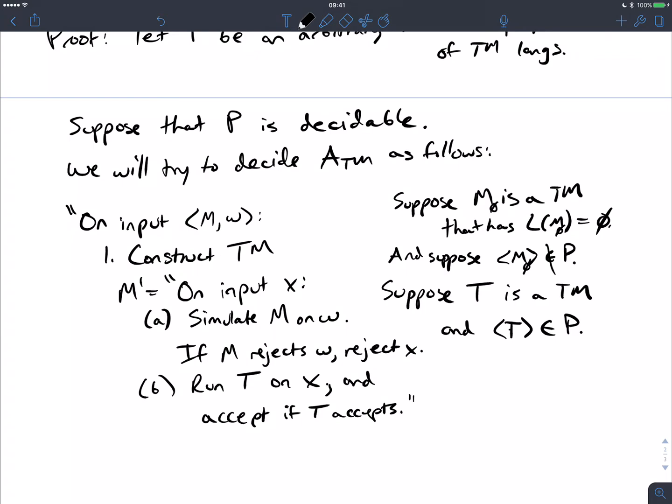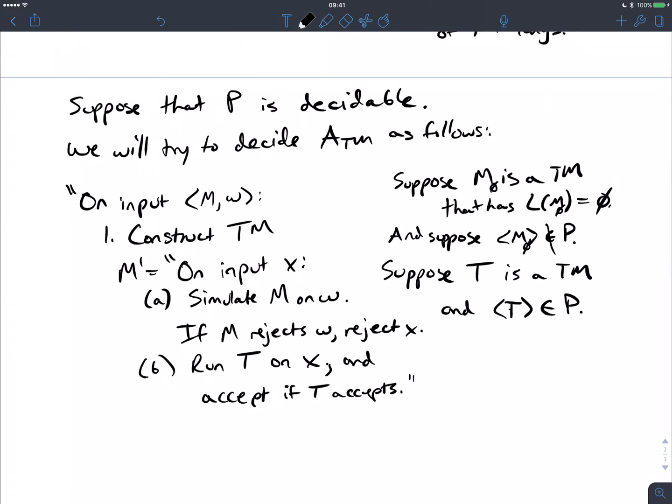And the way we set this up is that it behaves like M empty, which doesn't have the property, if M does not accept W, and it behaves like T, which has the property, if it does. So by having this supposed decider tell me whether it has the property or not, it tells me something about whether M accepts W or not.